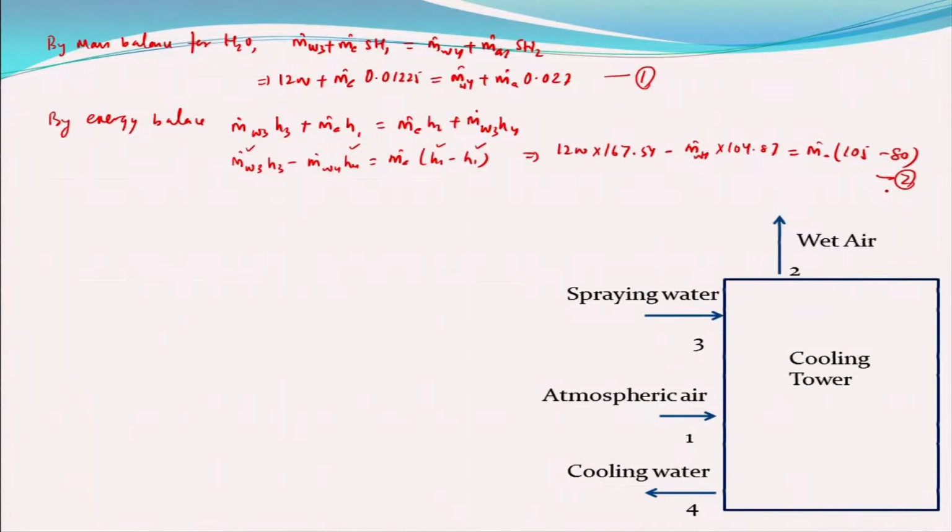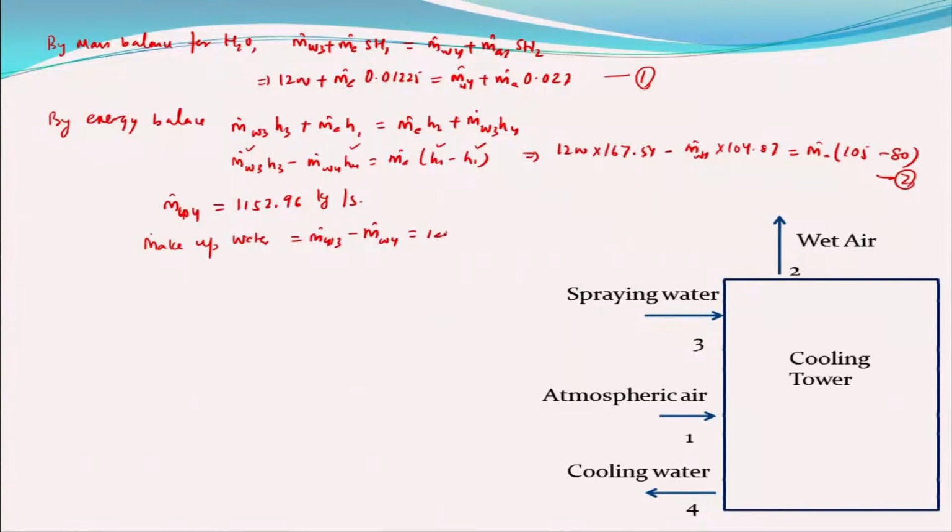If you solve equation 1 and equation 2 and eliminate the mass flow rate of air, I can get MW4 equal to 1152.96 kg per second. So the makeup water is MW3 minus MW4.